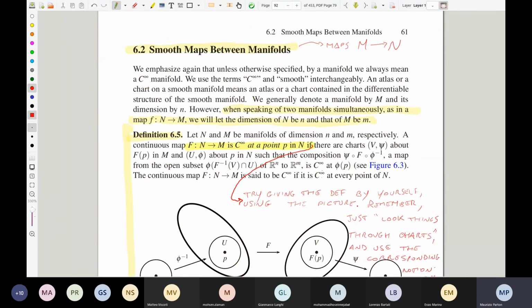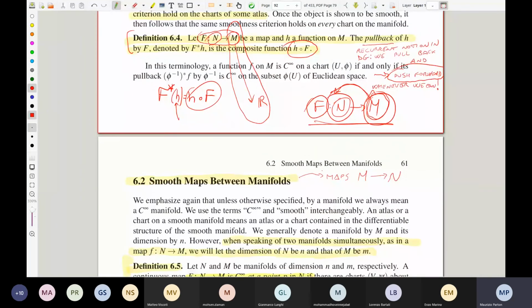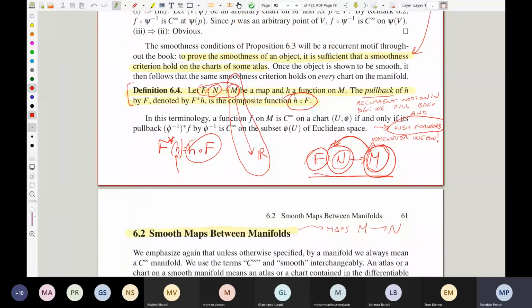Yes? Before, with the name pushing back, I'm expecting to provide something in M, and then there is something in N, while the composition seems to go from N. Pulling, not pushing, sorry, pulling back. Back with respect to this arrow. So you have something here, and you pull back here.